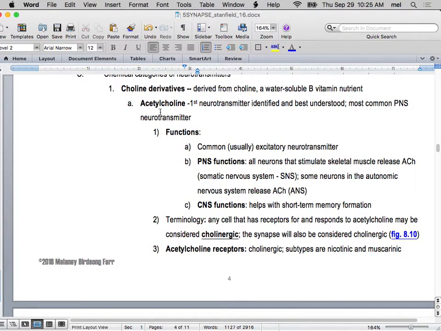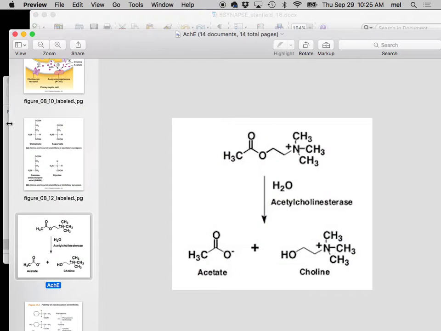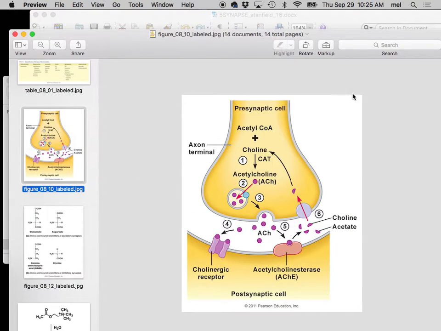So let's talk about terminology. There has to be a quick way to say that this entire story up here deals with acetylcholine, okay? And the quick way to say that is to say that the synapse, this receptor, this presynaptic and postsynaptic cell are cholinergic. The suffix -ergic means related to.